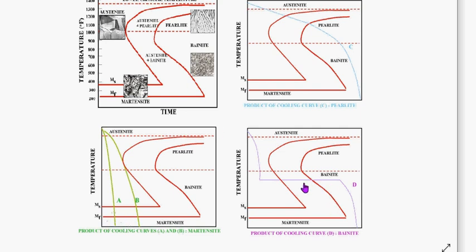Similarly here, if during the holding it was done at the center here, it was not allowed to cross the other S, so the final product after cooling will contain austenite. It means some austenite will not be fully transformed to bainite, so it will be a mixture of austenite and bainite. And similarly here, if the cooling was stopped around here, what has started forming was pearlite, and so the final product will be a mixture of austenite plus pearlite.